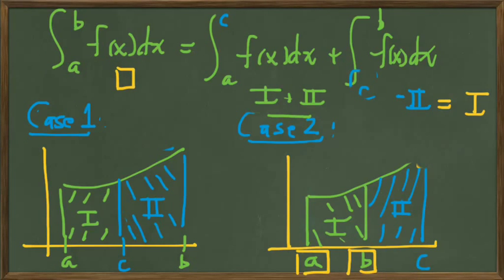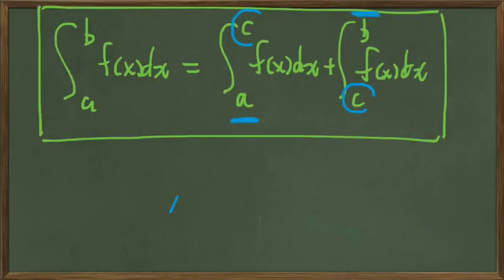Here in case 1, c was between a and b, whereas in case 2 it wasn't, and we proved it in both cases. So there's the result. That's important sometimes to simplify integrals like these this way.